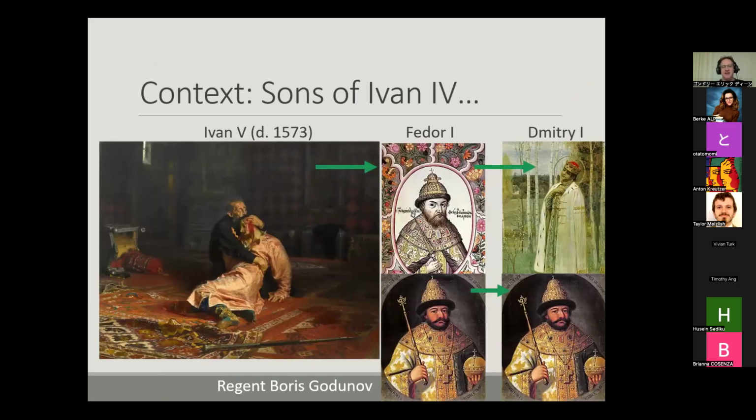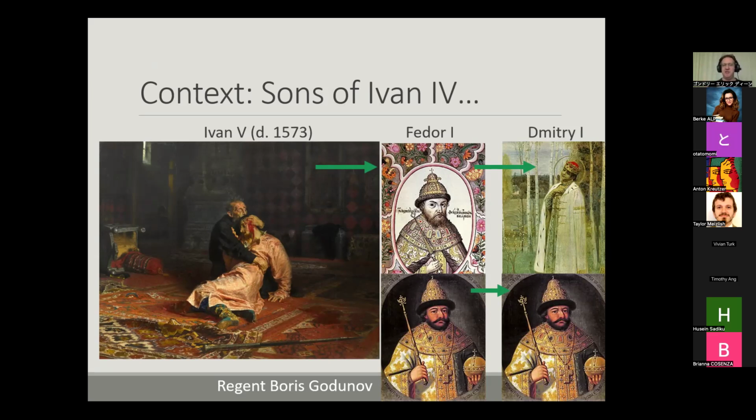So here's the context. This is a painting made in the 1800s, trying to show a dramatic point in Russian history. The painting is called Ivan the Terrible Kills His Son. Ivan the Terrible and his son Ivan the Fifth were having a really screaming argument, and Ivan the Terrible loses his temper, hits his son on the head with an iron-tipped staff, and accidentally kills him.